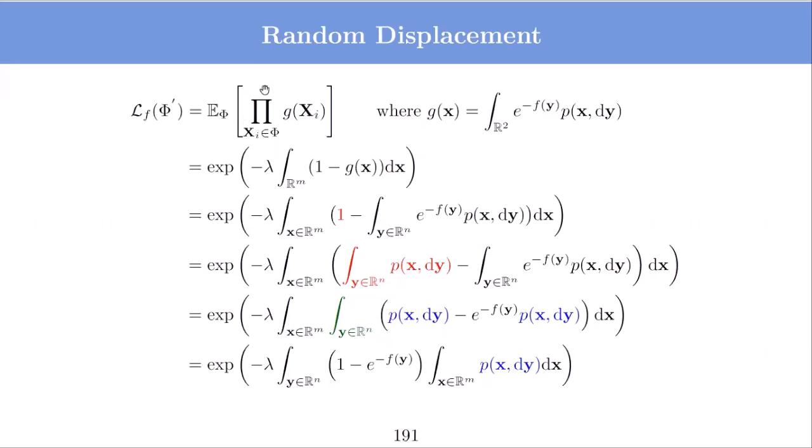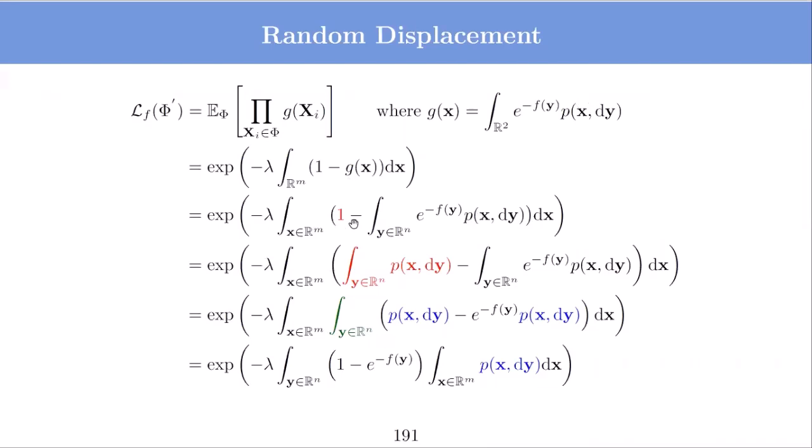So now this is the expectation of a product over a function. So this can be computed by the PGFL of phi, and phi is a Poisson point process. So I can apply the PGFL of a Poisson point process to further solve it. When I apply it, I get this, and then I put the value of g(x) in.